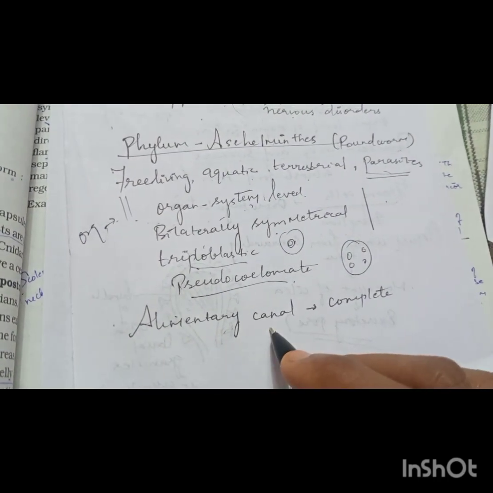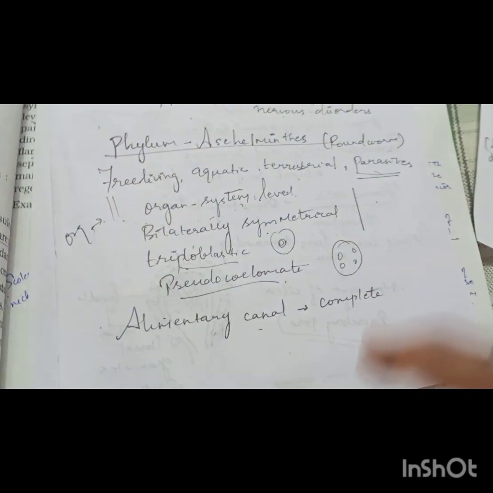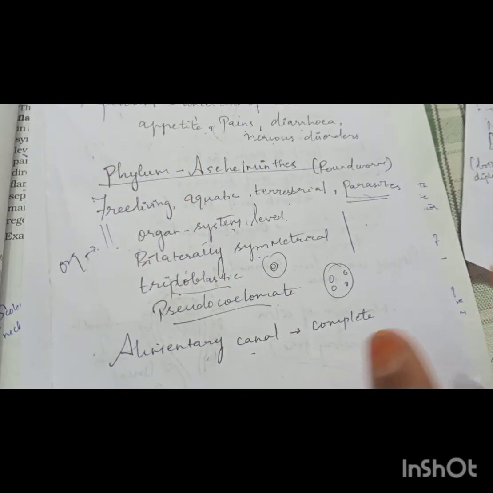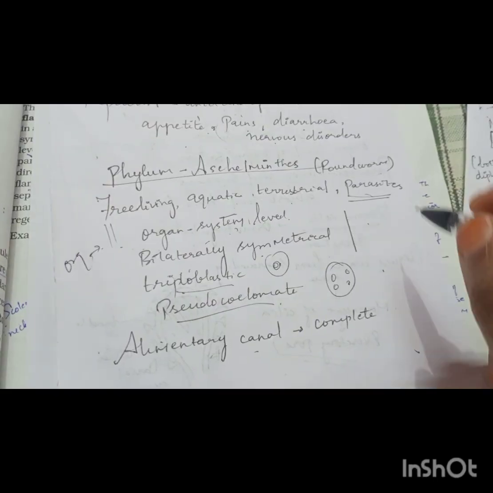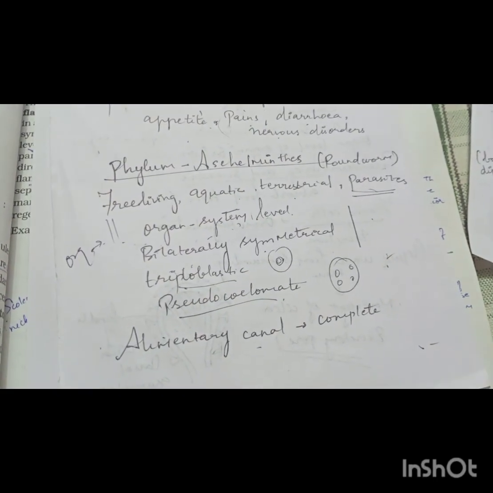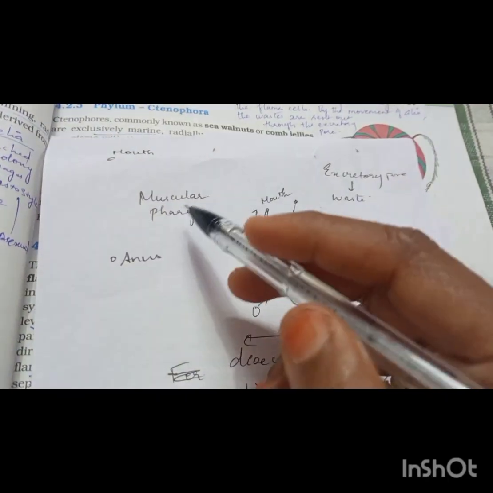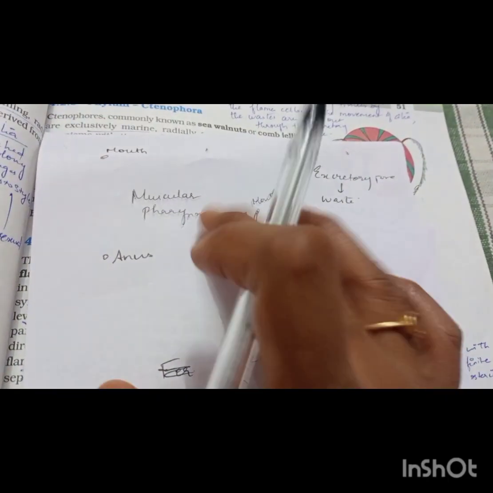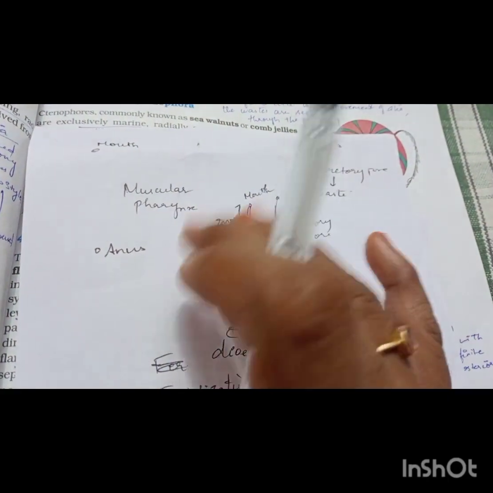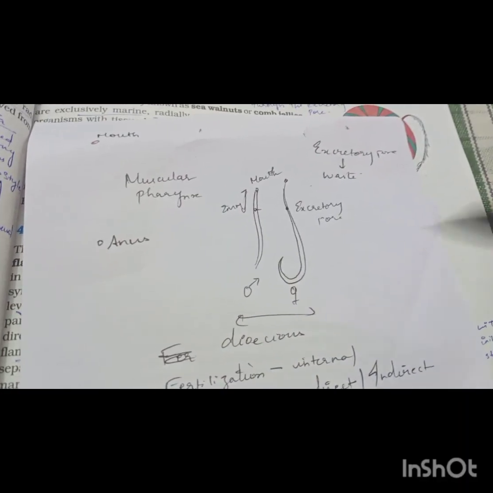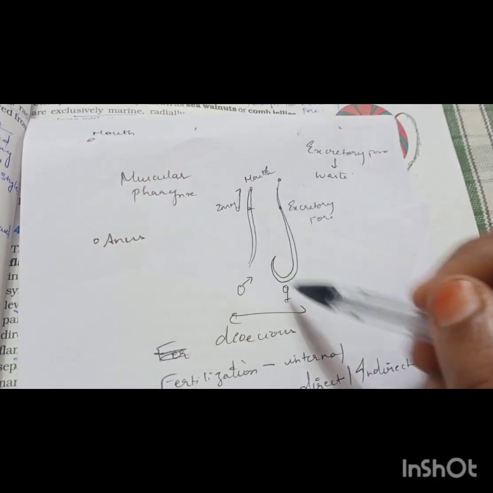The alimentary canal, the digestive system, is primitive, but the alimentary canal is complete here. It will have two openings, one for the mouth and a separate one for excretion. It will have a muscular pharynx, which is capable of contracting and sending the food inside. Here it is dioecious.